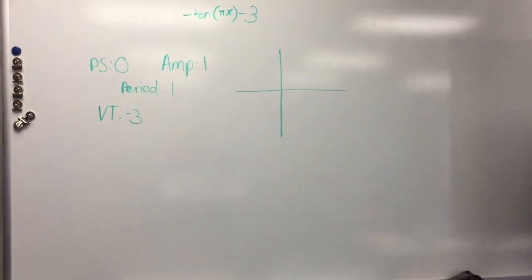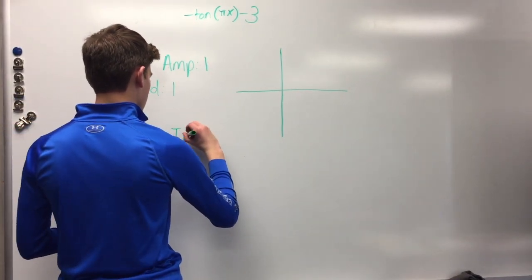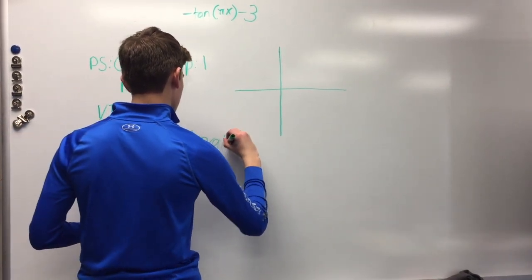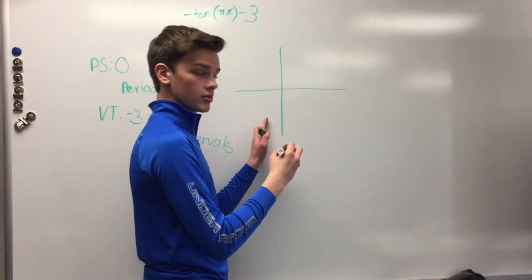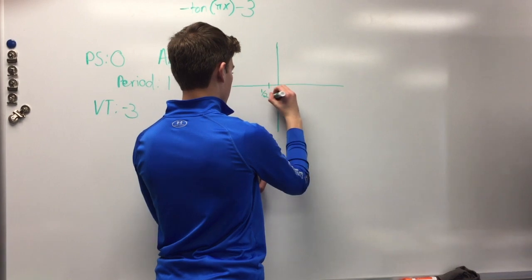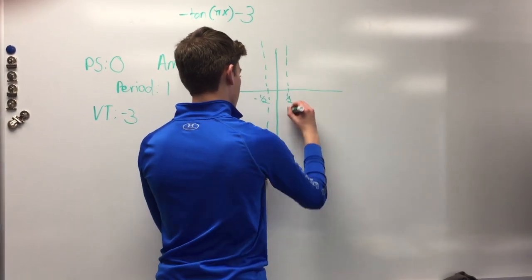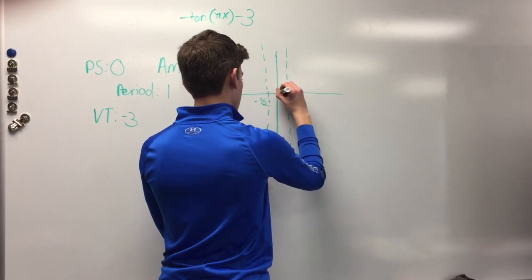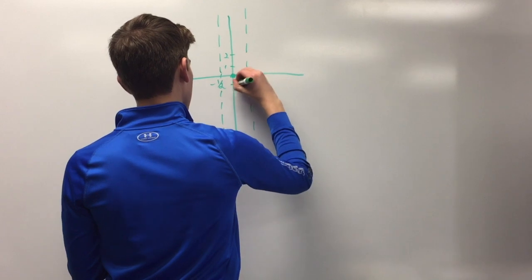To find the intervals after this would be the period over 2. The period is 1 over 2, 1/2. That'll be our intervals. So to start graphing, we put our asymptotes first at negative 1/2 and at 1/2. We take the beginning middle point of the graph down 3 units to negative 3.